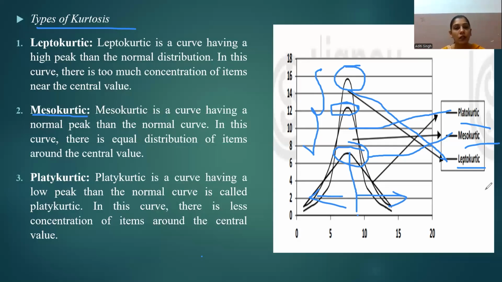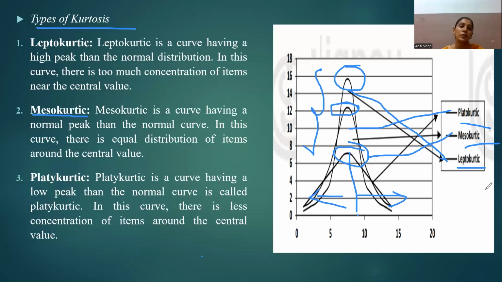The measure of skewness studies the extent to which deviation clusters above or below the average. But kurtosis indicates the concentration of items.